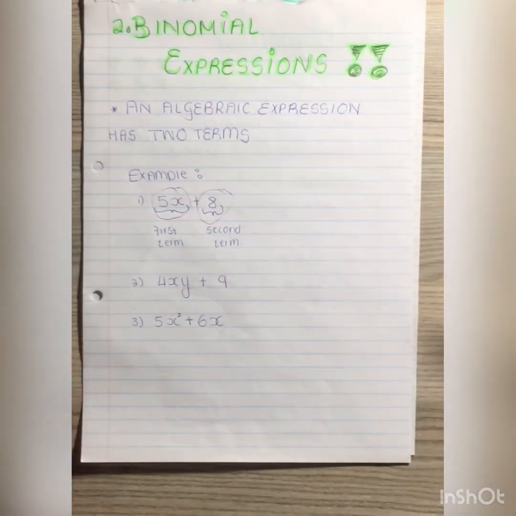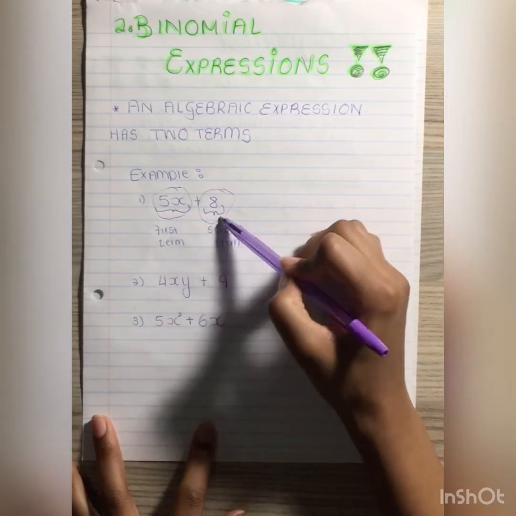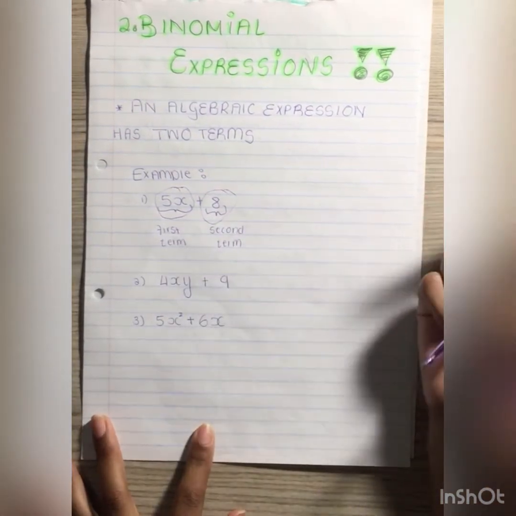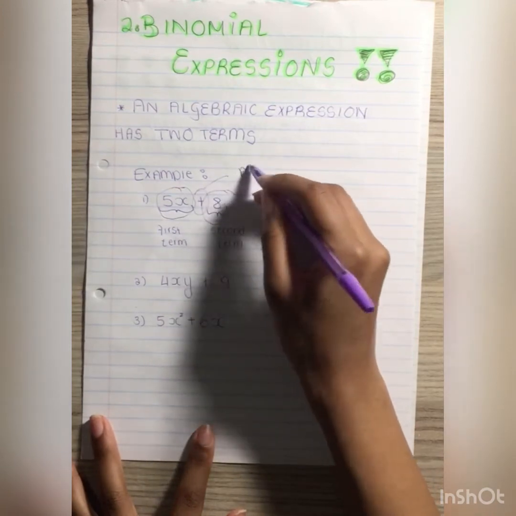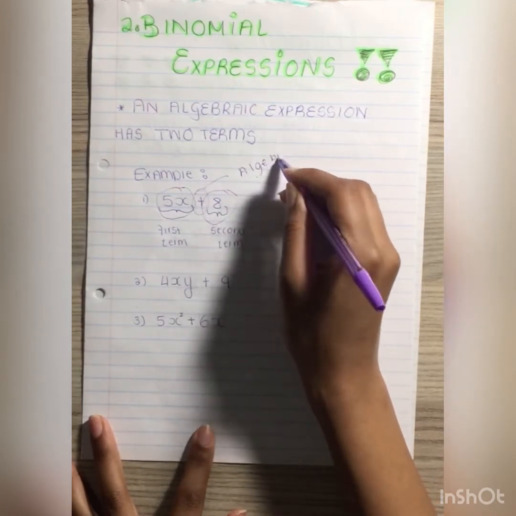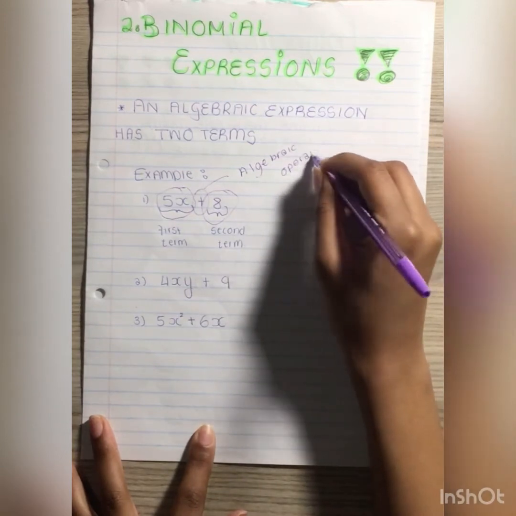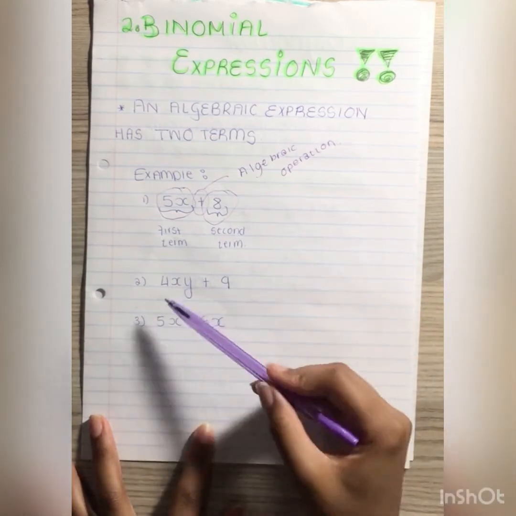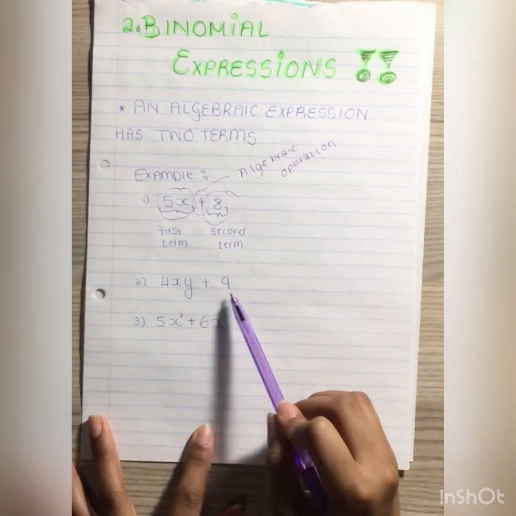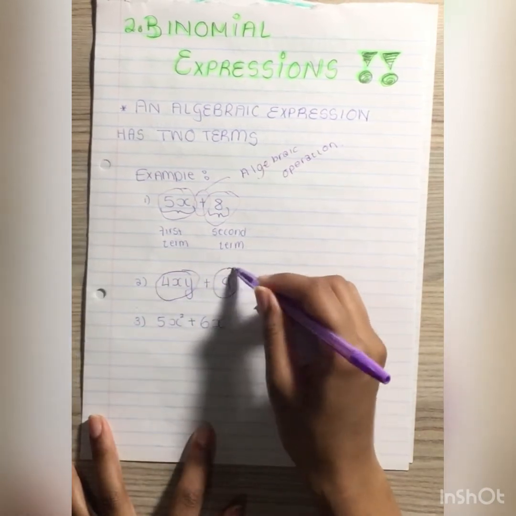Now, in comparison to the monomial expression, we can see that this expression has two terms and it is connected by an algebraic operation. Okay, so we have 4xy plus 9. This is the first term and this is the second term.